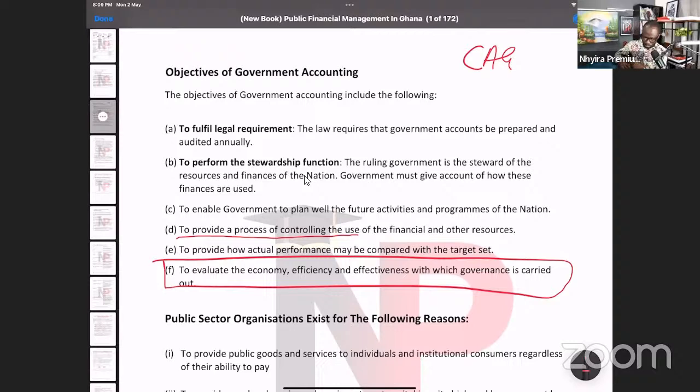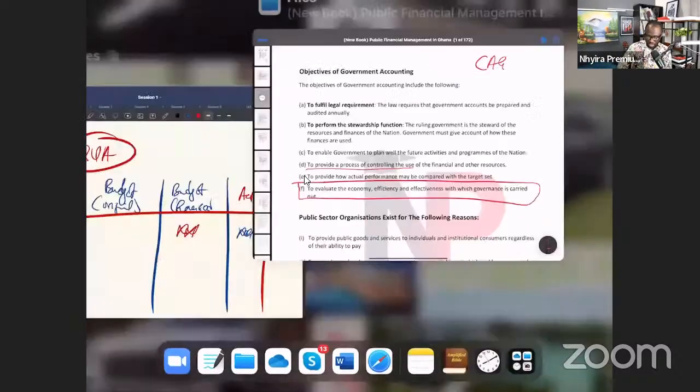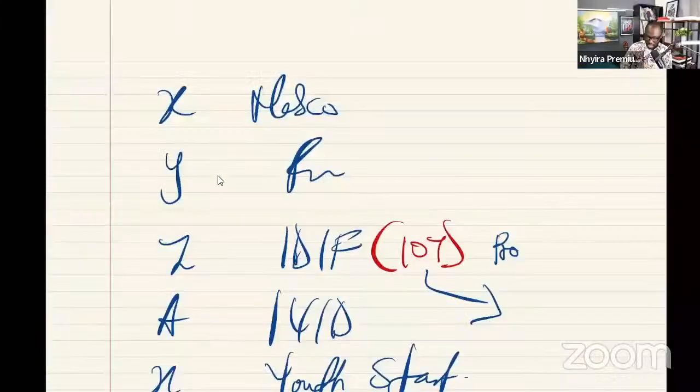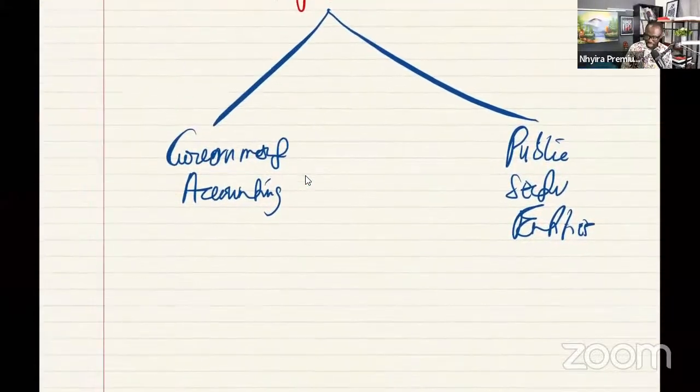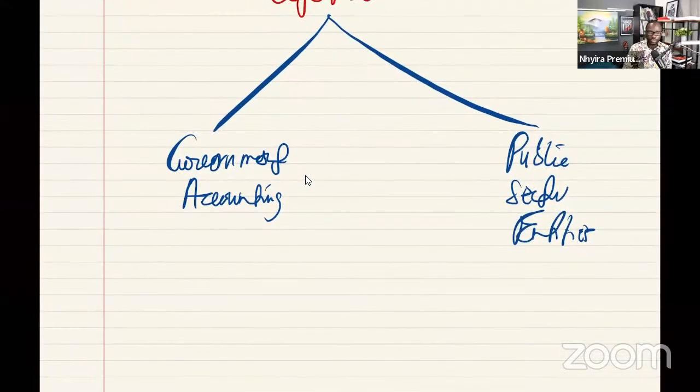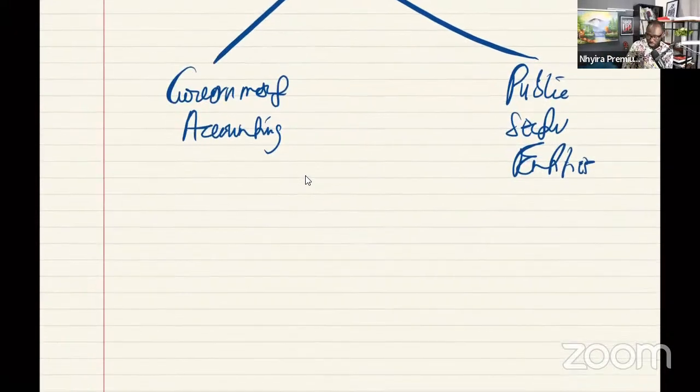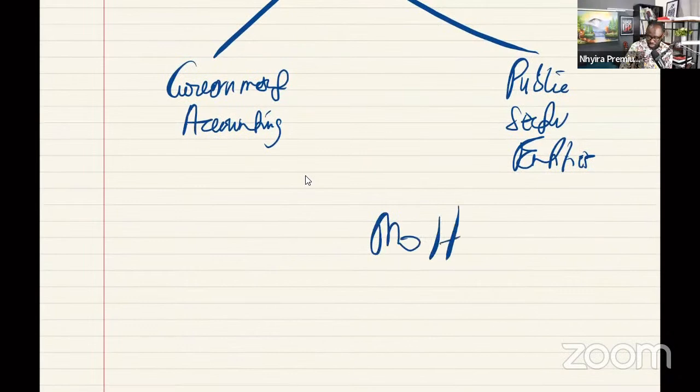Okay. Then let's look at the second side of the coin. And that is going to be the objectives of public sector entities. Why do public sector entities exist? Okay, so Ministry of Health. Why the heck do they exist? Ministry of Gender and Social Welfare.